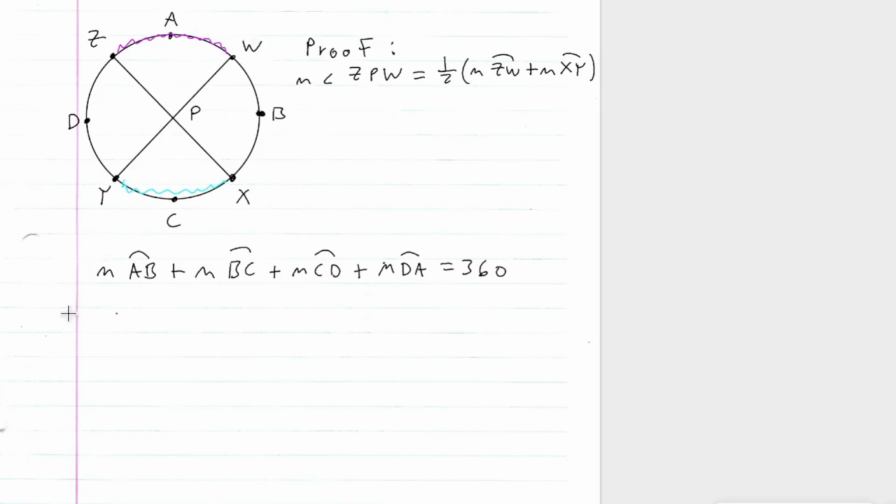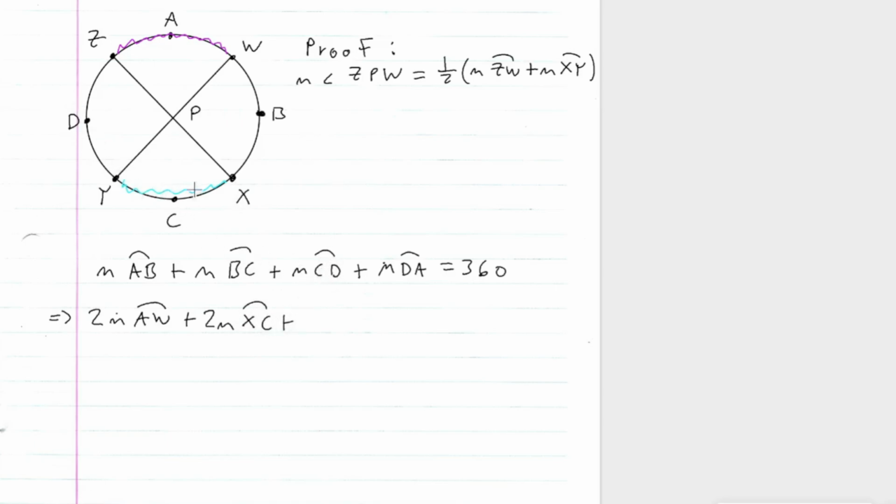So hopefully you agree that the measure of arc AB is the same thing as 2 times the measure of arc AW. Similarly, for BC we're only interested in this XC part, and since X is a midpoint of BC, the measure of arc BC is 2 times the measure of arc XC.